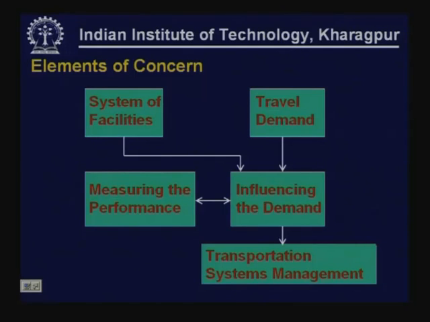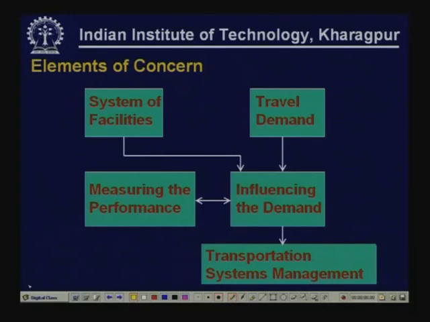It is probably easy to develop concepts and understanding if we discuss the major concerns or elements of concern. Five major elements are shown in this flow chart. You have the system of facilities, basically the road system. We shall discuss each of these components in detail.